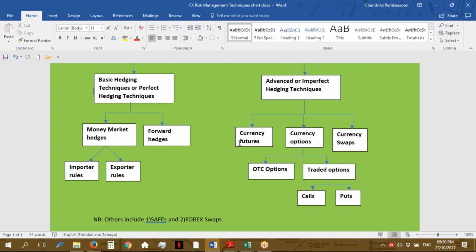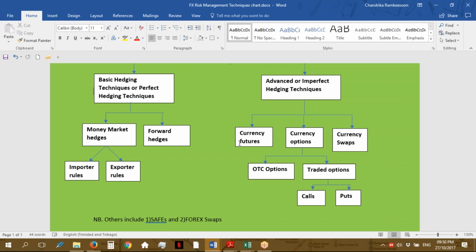Now, these hedging techniques, and by the way, a currency swap cannot be used to hedge transaction risk the way in which we've been looking at it from an importer or an exporter. A swap is normally used in relation to loans, but it is normally considered when looking at hedging techniques.